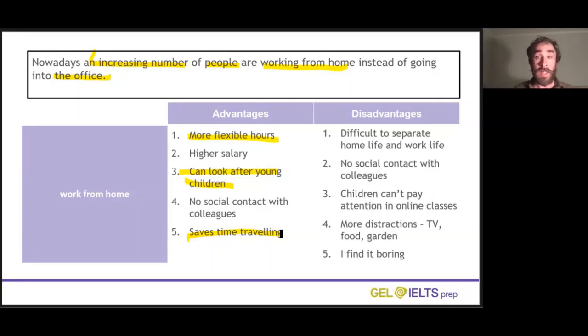Number 4, there are more distractions like TV, food in your refrigerator, and maybe a sunny garden. And number 5, I personally find it quite boring working from home. Look at the next question below this video and choose the 3 correct options for good disadvantage arguments.